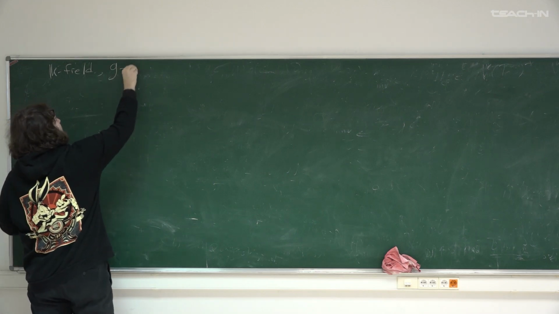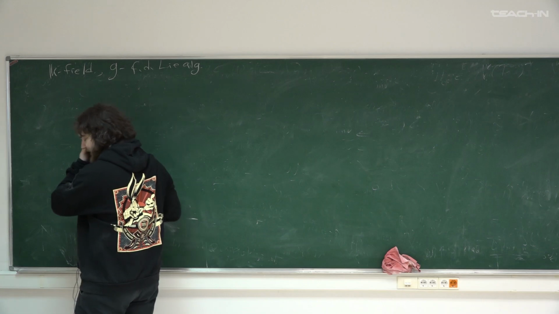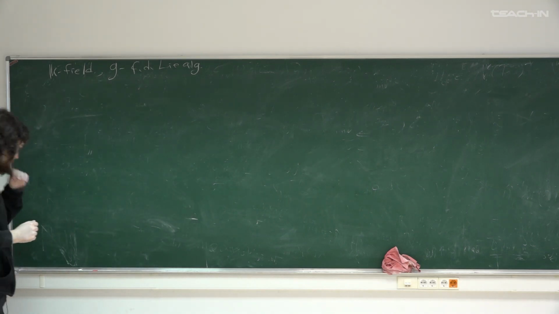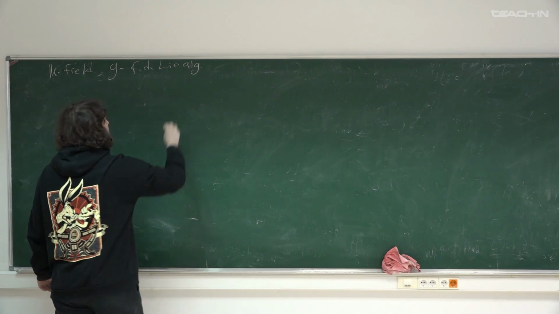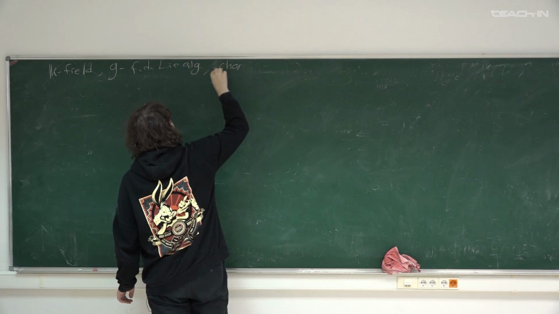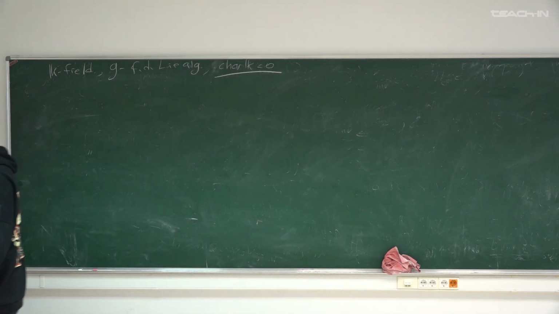G is a finite-dimensional Lie algebra over K. K will be of characteristic 0. It will be important.